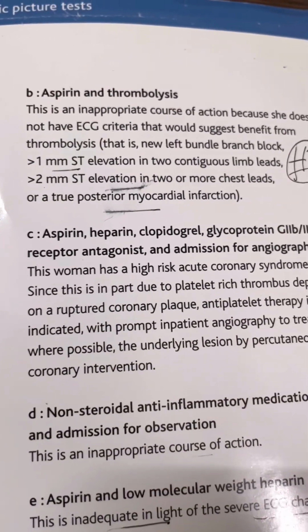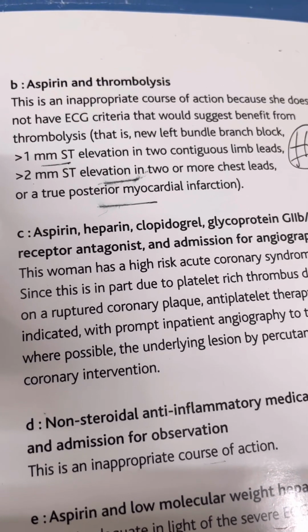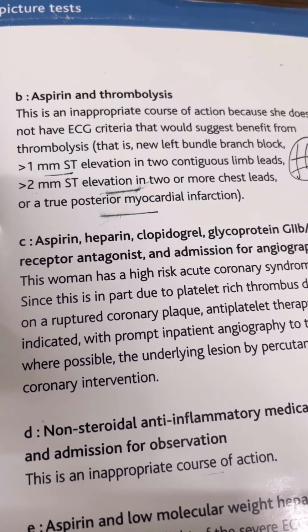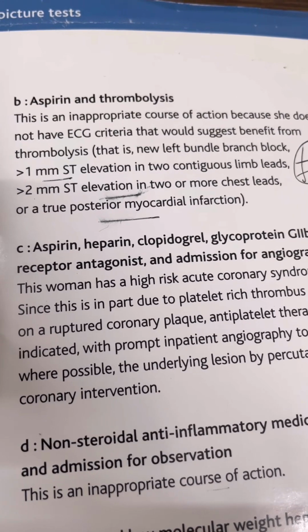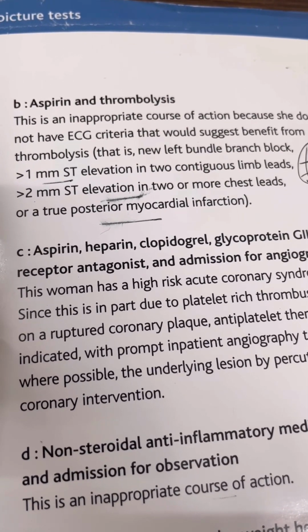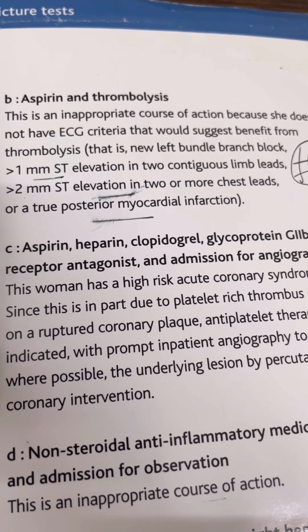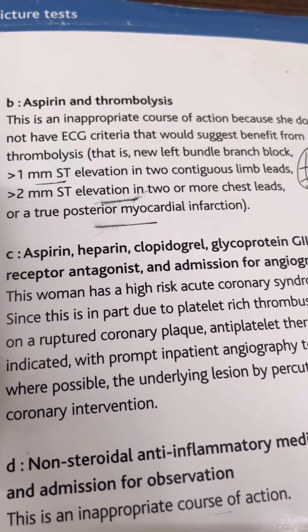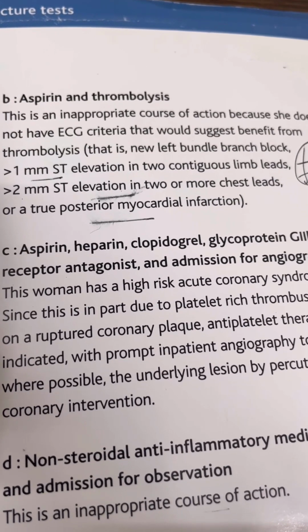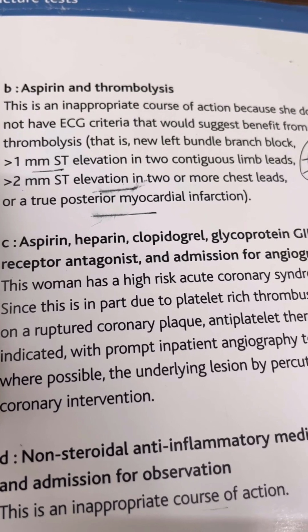Aspirin and thrombolysis: this is an inappropriate course of action because she does not have ECG criteria that would suggest benefit from thrombolysis. That is, new left bundle branch block, more than 1 mm ST elevation in two contiguous limb leads, or more than 2 mm ST elevation in two or more chest leads, or a true posterior myocardial infarction.